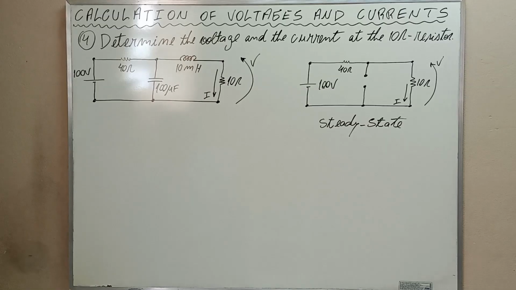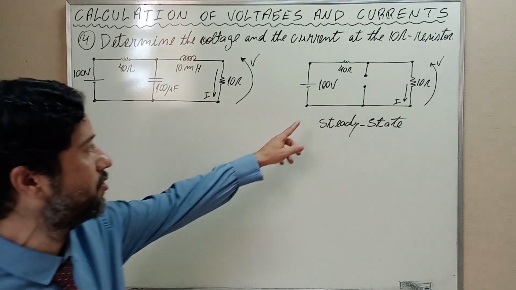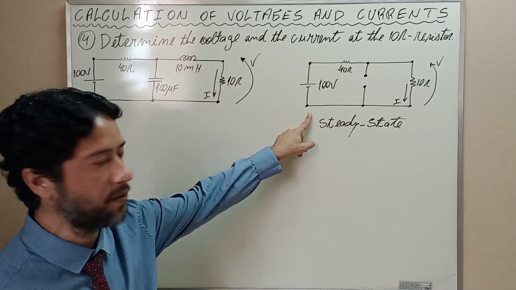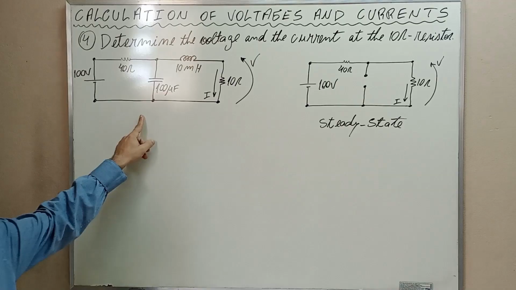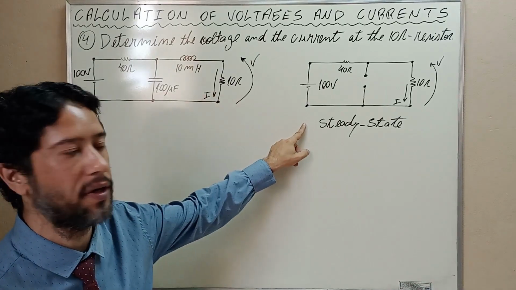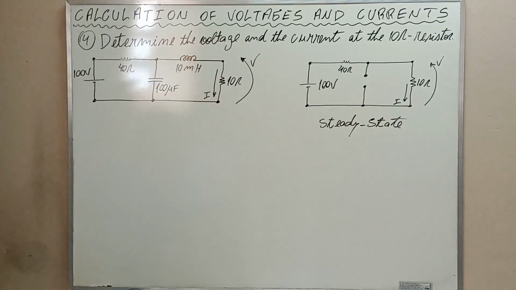Thus, in steady state, the circuit will behave as this. Alright? In steady state, this circuit is converted into this. Now it is easy to calculate the voltage and the current.